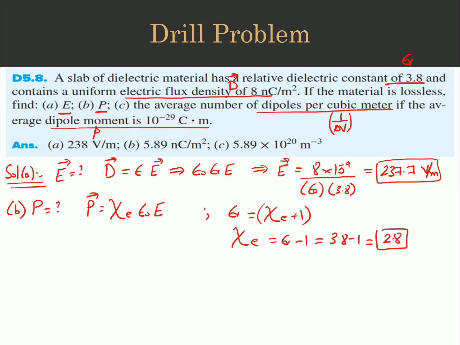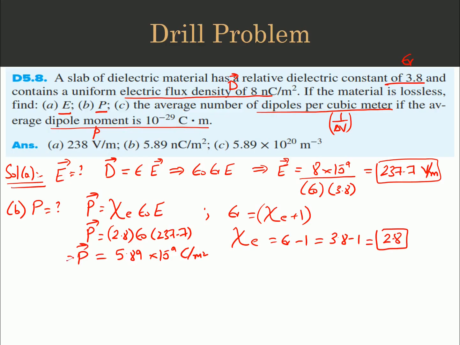Just incorporate it in the value of P. So it is going to be 2.8 multiplied with 8.85 times 10 to the minus 12, and the value of E is 237.7, and it comes out to be 5.89 into 10 raised to power minus 9 coulomb per meter square. So this is the value of the polarization.